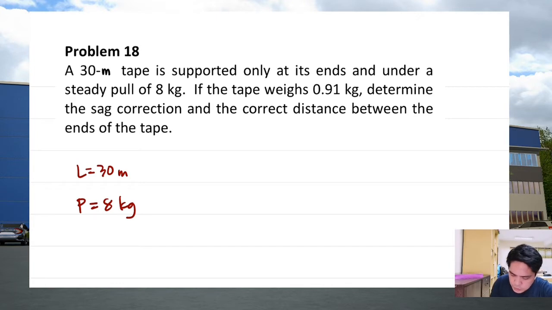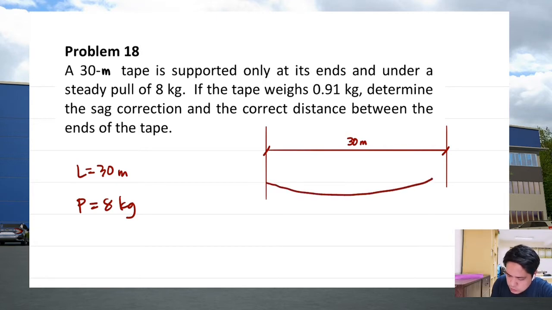Okay? So, ulitin ko ha, i-illustrate na lang natin dito. If the tape is held both at its ends lang, supposedly kung straight siya, the distance would be 30 meters. But because of sag, meron siyang correction due to sag. Ayan, so ganun lang siya. Hindi siya abot sa 30 meters. Okay?